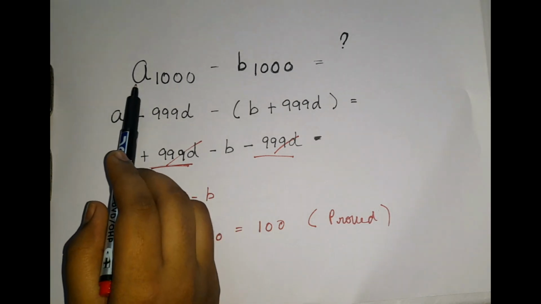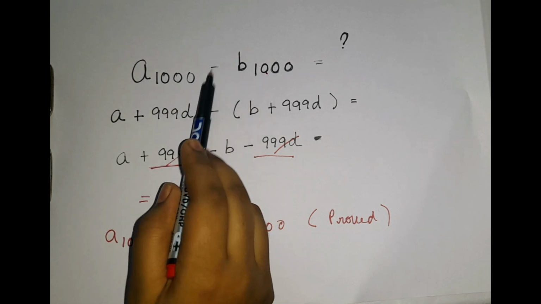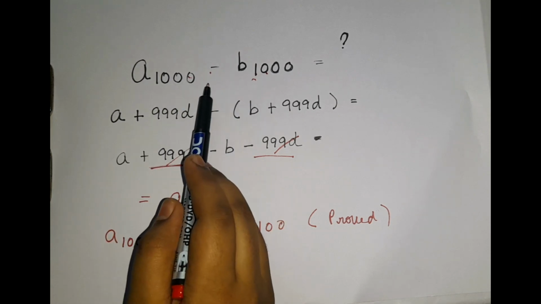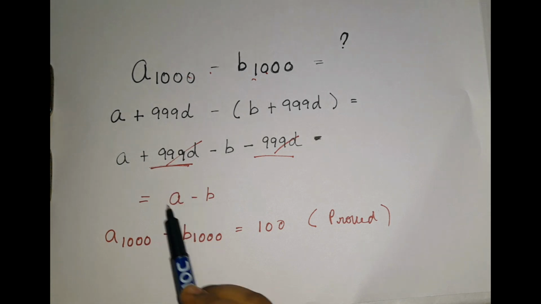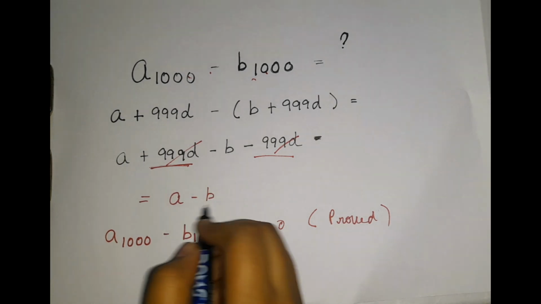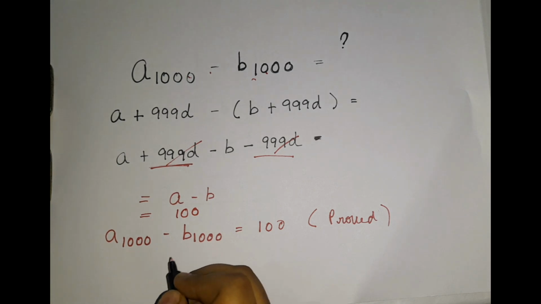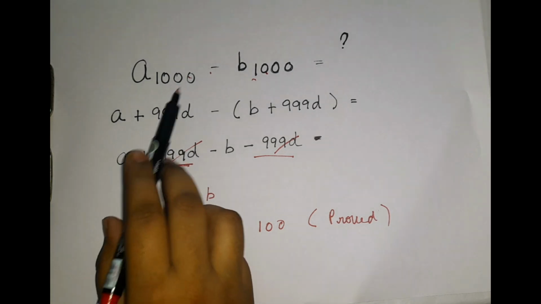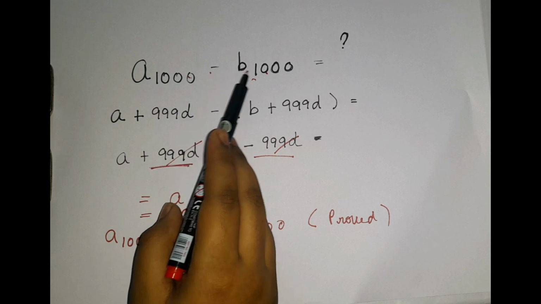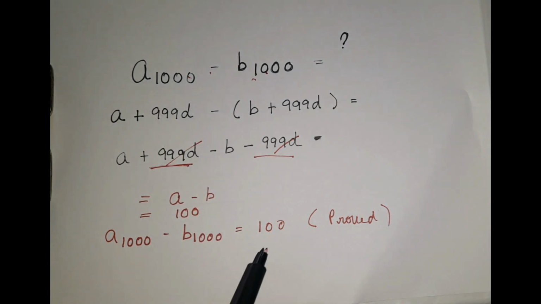Because we were finding a1000 minus b1000, we were finding the difference between both the numbers, right? So when we expanded it, we got a minus b. So what is the value for it? The value is 100, isn't it? So I just wrote a1000 minus b1000 is equal to 100.